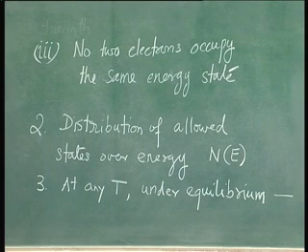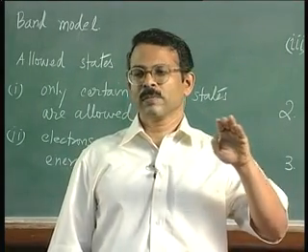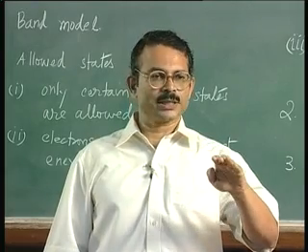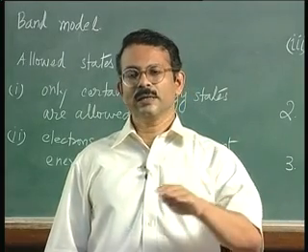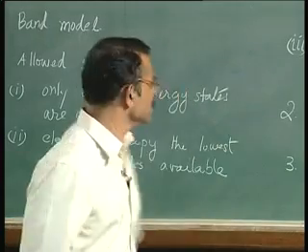What are the allowed states for electrons in a crystal? Okay. Then what is the distribution of these allowed states over energy, and then what is the fraction of these states that are occupied?